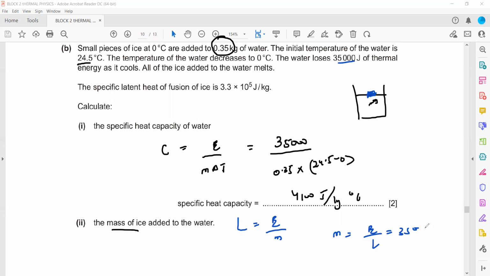Energy is 35,000, latent heat is 3.3 times 10 to the power 5. So when we substitute, the mass comes out as 0.11 kilogram. That is the mass of the ice which is melted or added to this water.